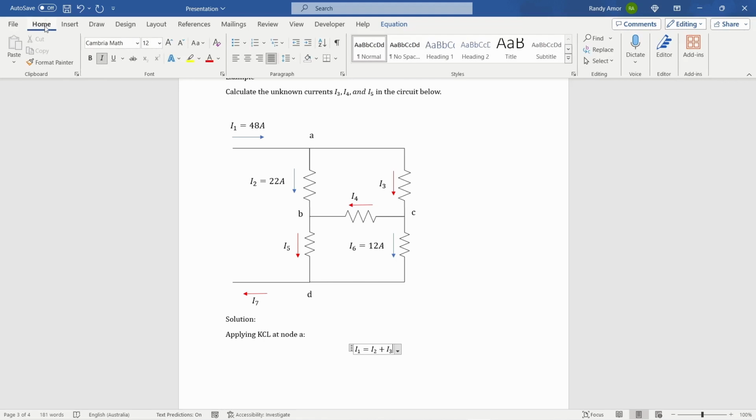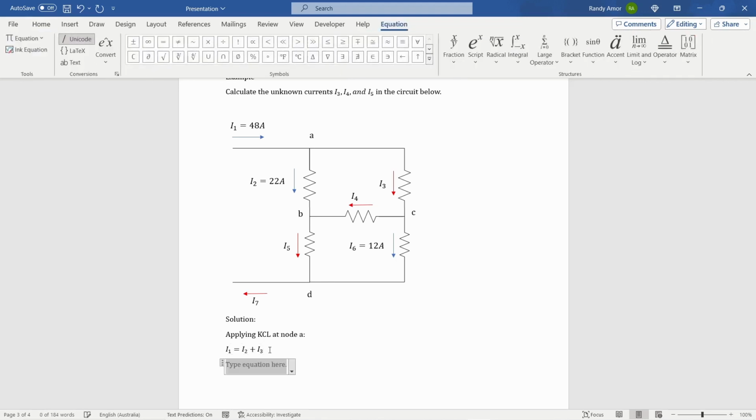So 48 amperes is equal to I2, which is 22 amperes, plus I3.